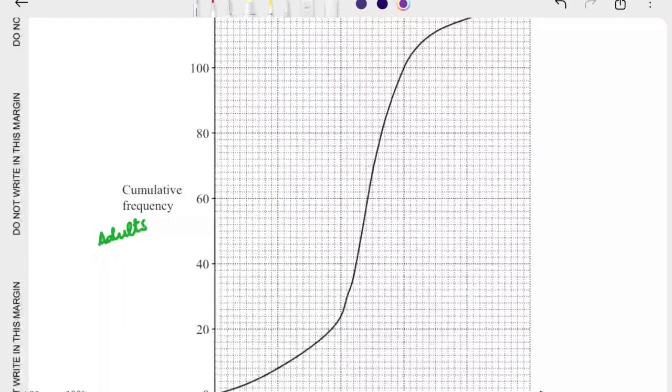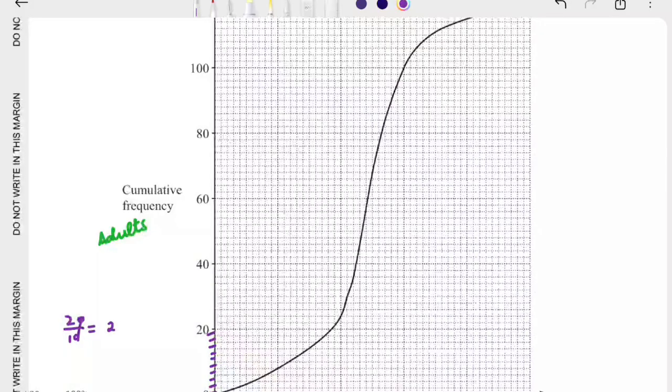Just see the scale. 20 divided by the number of boxes. There are 10 boxes. 1 2 3 4 5 6 7 8 9 10. So one box would be 2. Now 90 would be 82, 84, 86, 88, and this is your 90. Now in front of 90, what is the time? We have to see this.